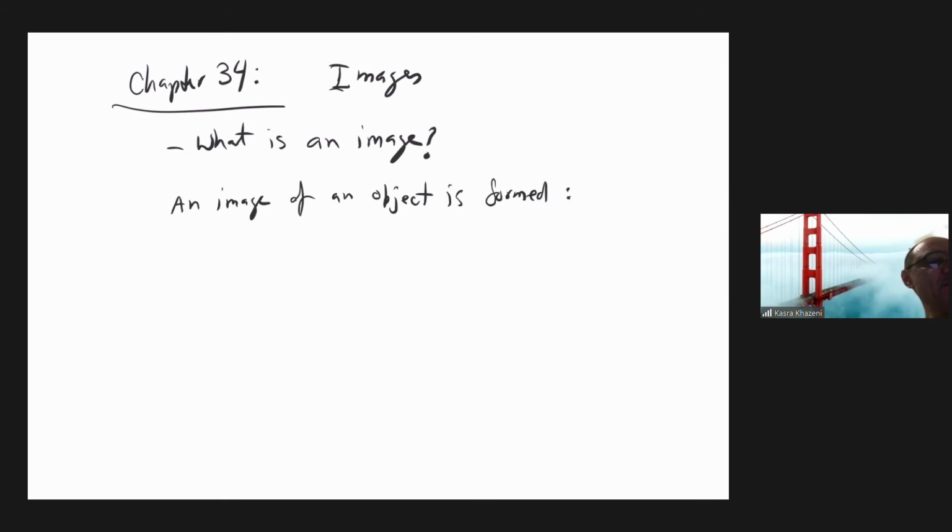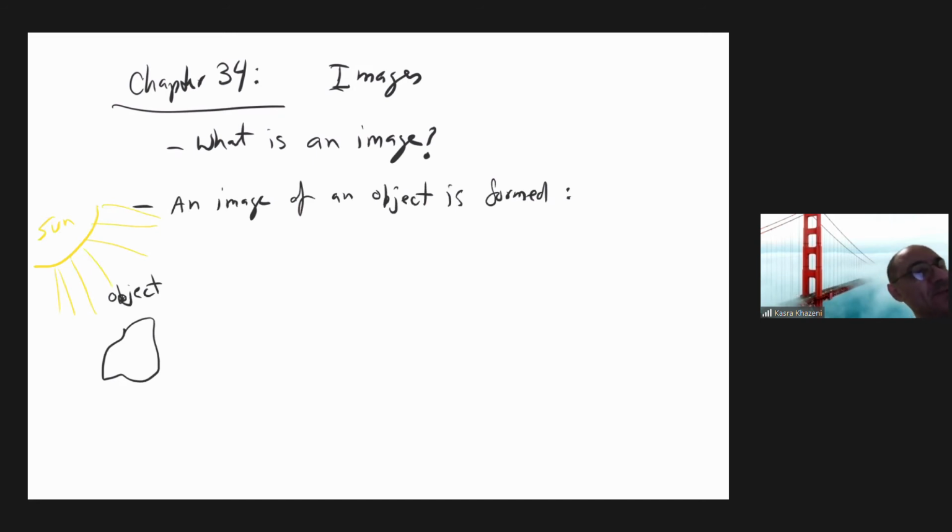Here is, say, an object. So I have an object, and let me ask you a question. What happens if this object is illuminated by, here's the sun, and the light of the sun is coming all over the place?